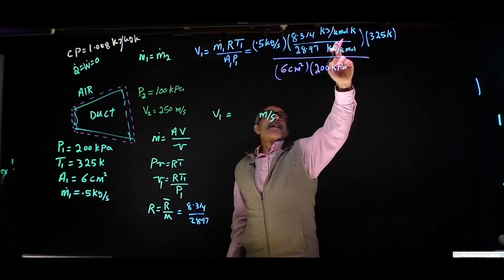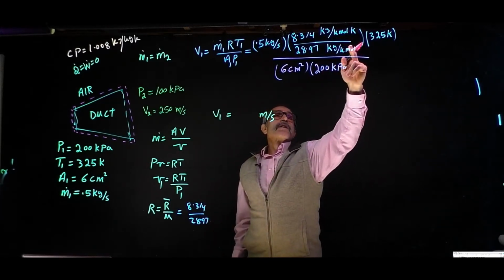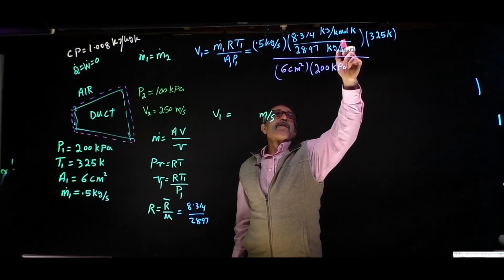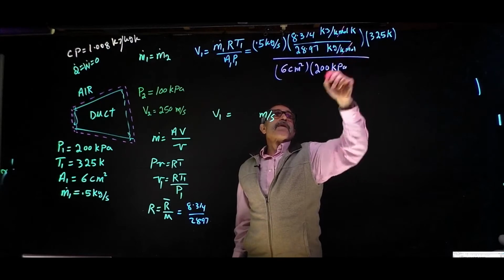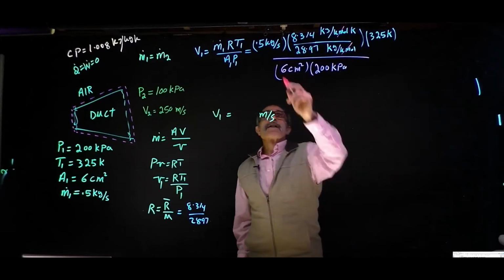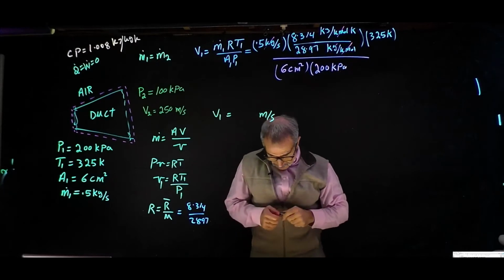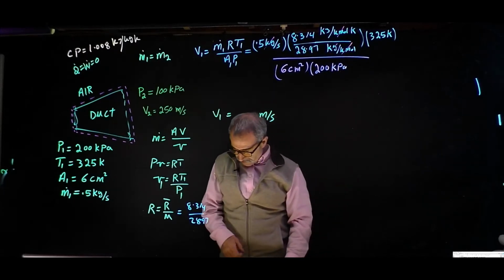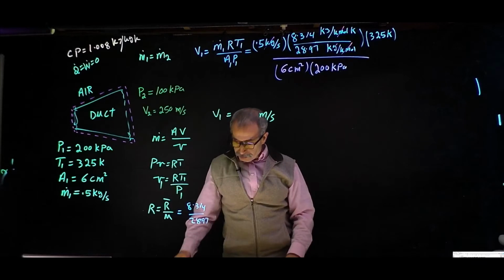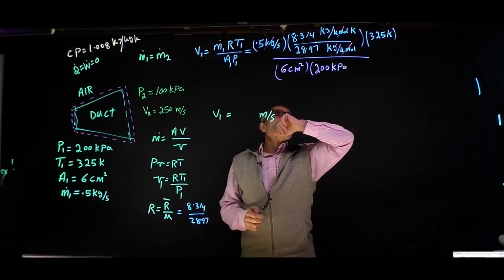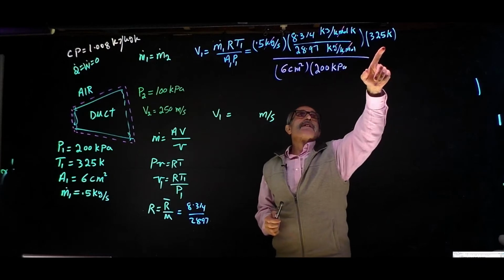I got kilojoule, it's going to stay, not going anywhere. I got kilomole, cancel out with kilomole. I got kilogram, cancel out with kilogram. This doesn't want to work, we can find another one. And so those cancel out. I got Kelvin.